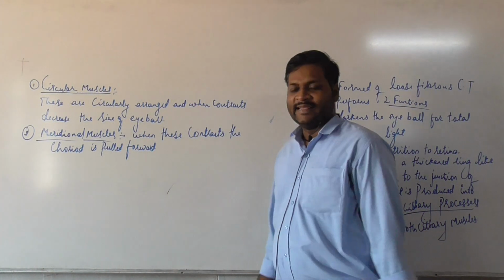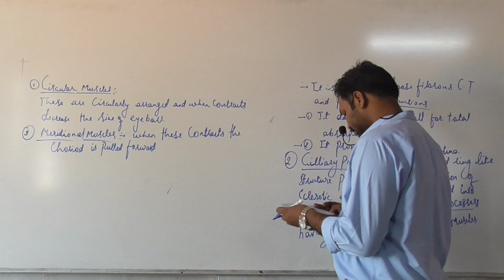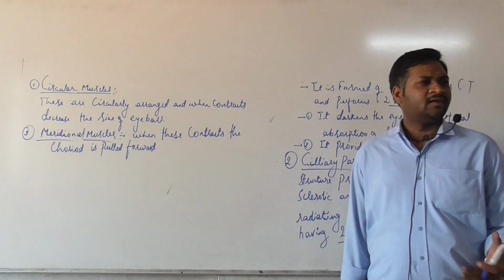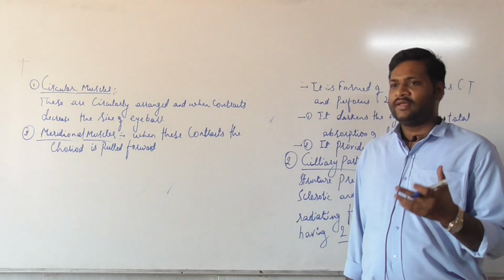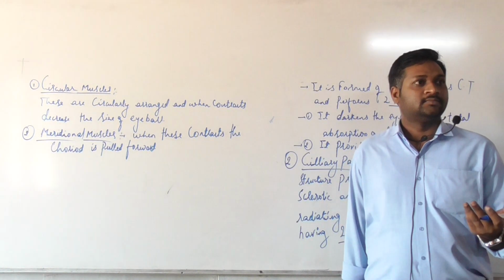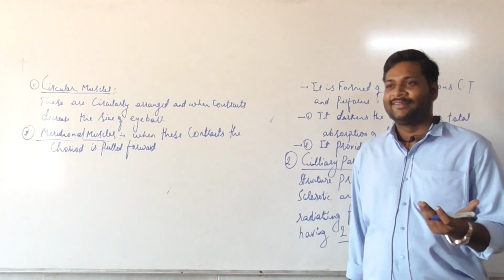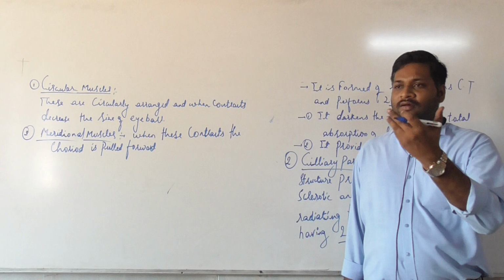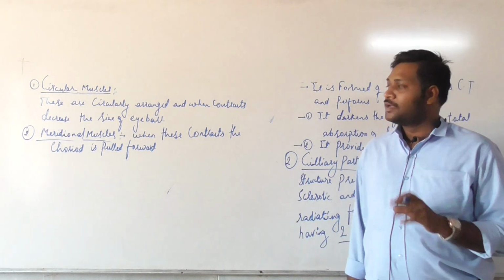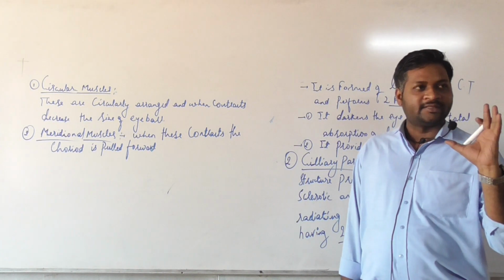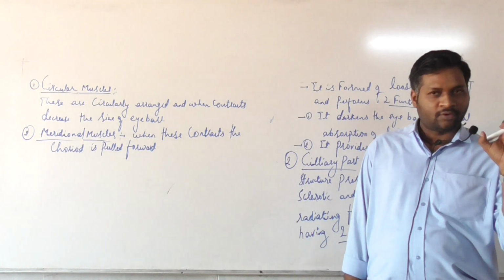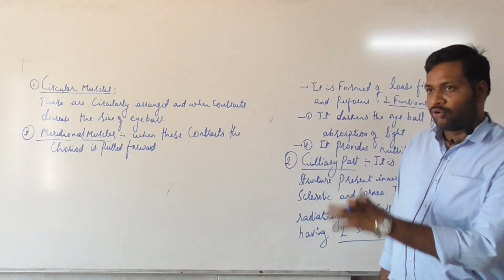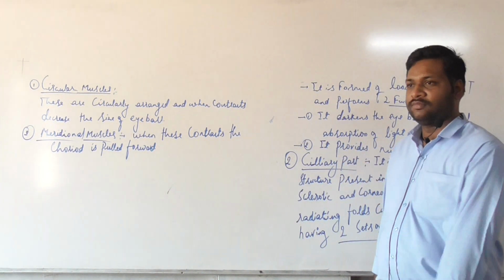Basically, it is also a type of movement. See, when we try to enlarge the eyes like this, it depends upon the stimulus we are getting. At that time the posterior region where the choroid is located will contract, so the choroid will be pulled forward.